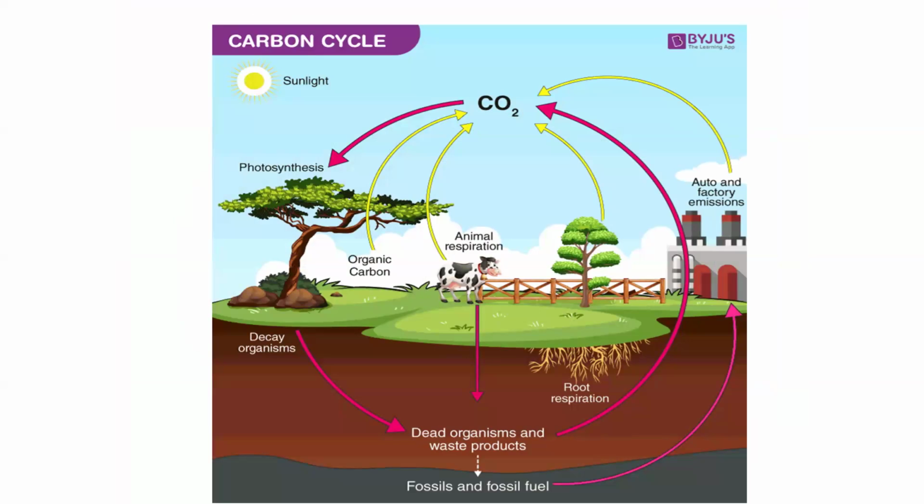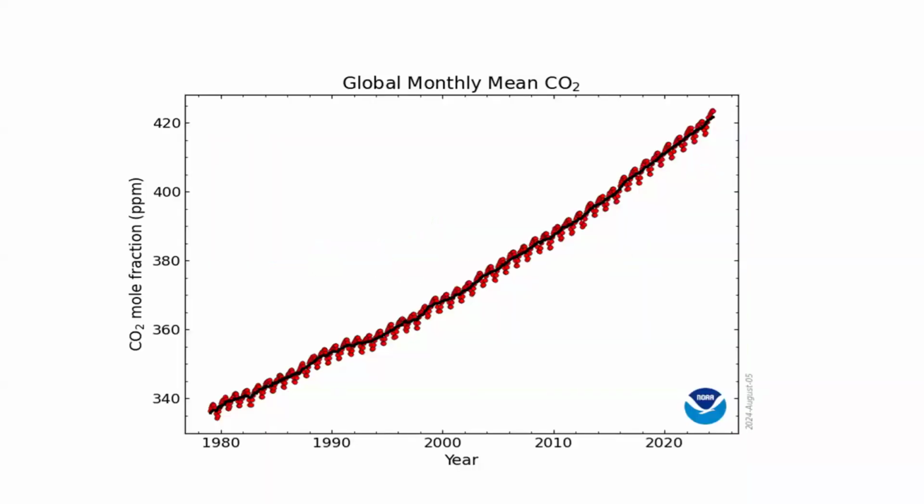You take it out, convert it to undegradable matter, and part of it is put into the water, atmosphere, and other products which are also harmful to the environment. Now, this is how the global monthly mean CO2 rises, as I mentioned, the 420 ppm mark is past.